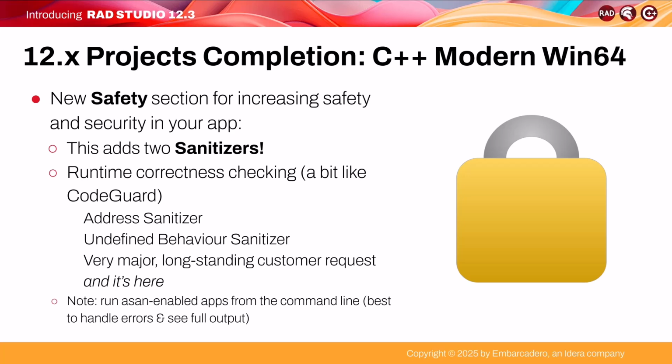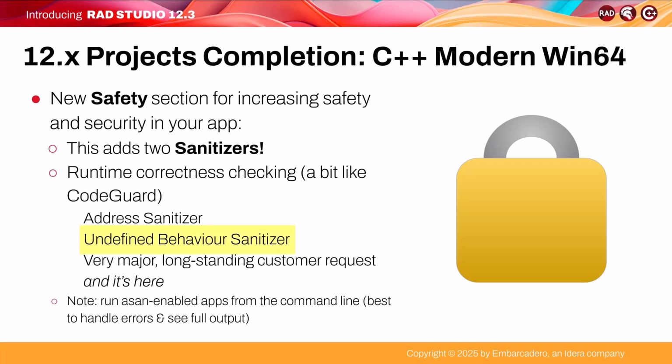They're a bit like CodeGuard in the old classic compiler. They are the address sanitizer, which tracks memory issues. It checks all memory access, finds out of bounds or double frees, that sort of thing. For a few reasons and quirks, we recommend after turning this on, you run the app from the command line to handle all the errors it finds correctly.